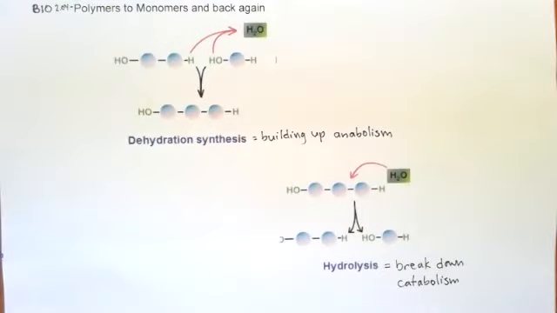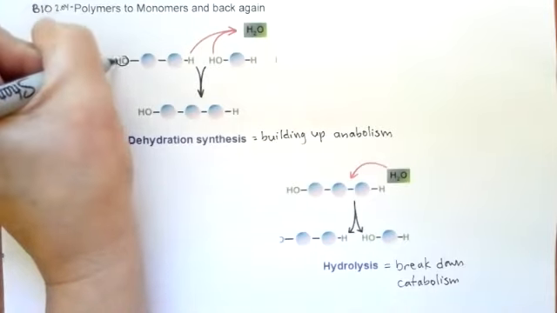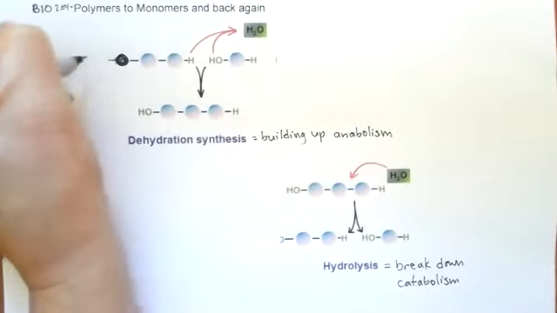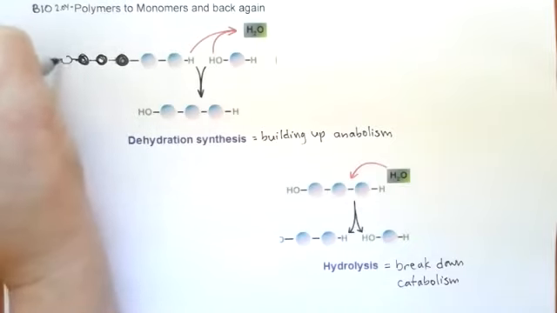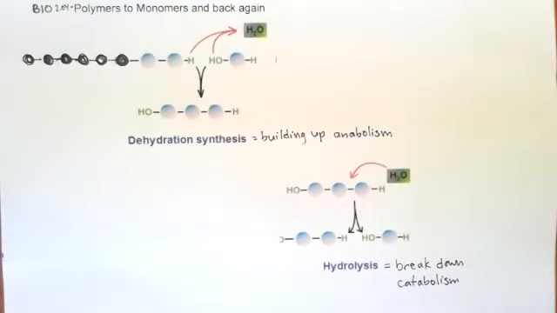So let's make these chains a little bit bigger. I know I have an OH group here, but I'm just going to put some more monomers on this nice big long chain, because usually these polymers can be really, really big. So let's make it nice and big. And that means I need to add them here too.